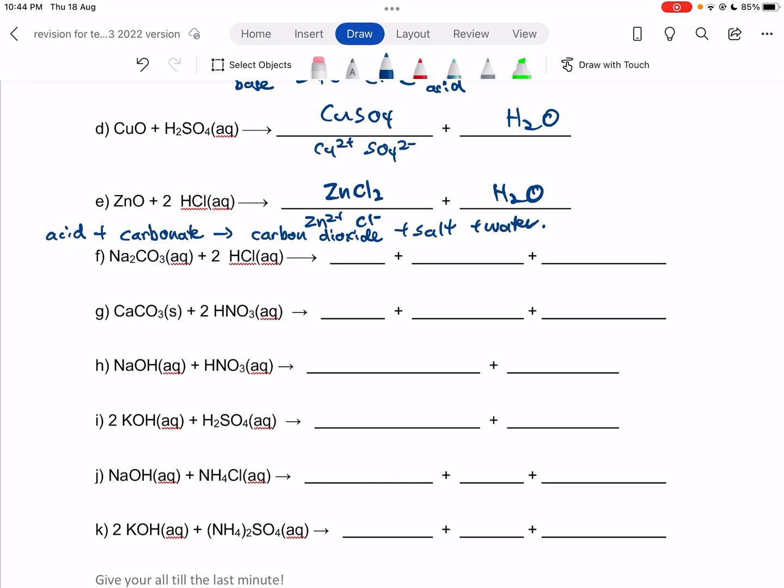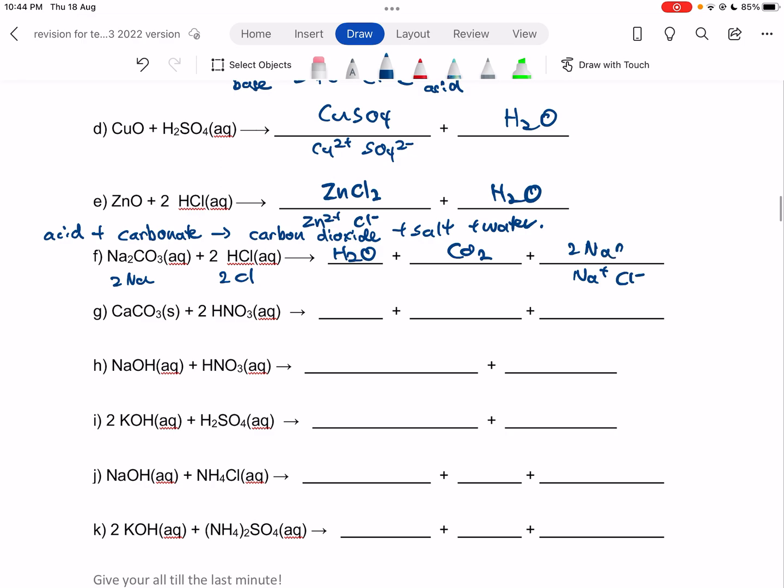We have sodium carbonate and hydrochloric acid. I will write down those more standard ones first. So I have 2 sodium down here, 2 Na and then 2 Cl down here. So Na plus Cl minus, but I have 2 sets of them, NaCl.